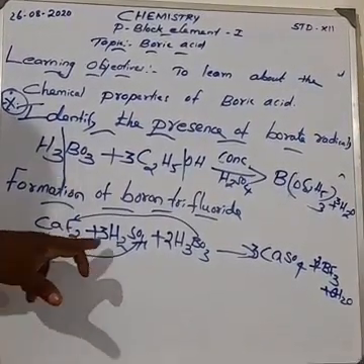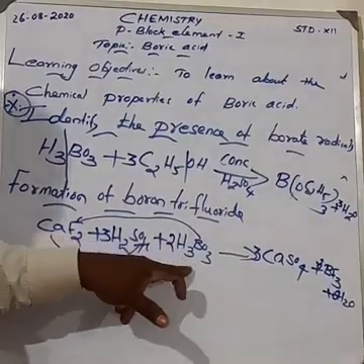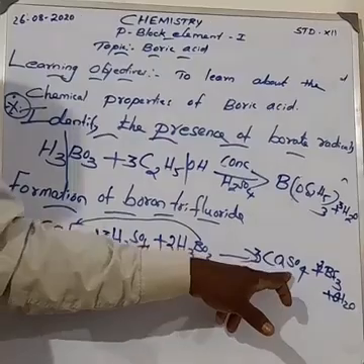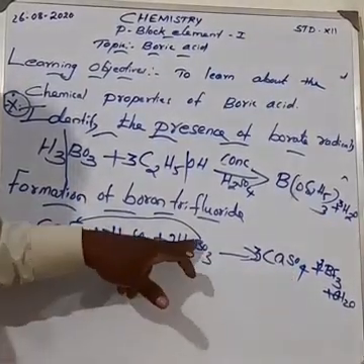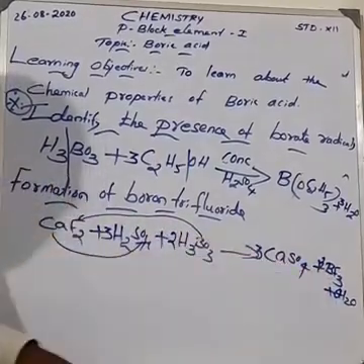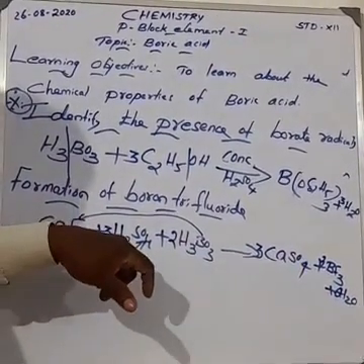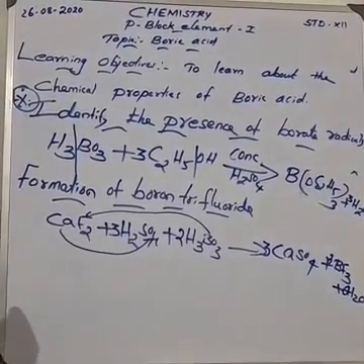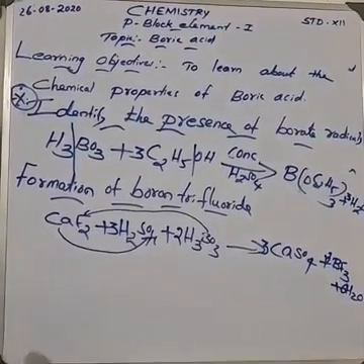Calcium fluoride plus sulfuric acid plus boric acid, we get this calcium combines with sulfate to form calcium sulfate. Boron combines with the fluorine to form boron trifluoride, and also hydrogen combines the OH to form water. First we should balance the equation.